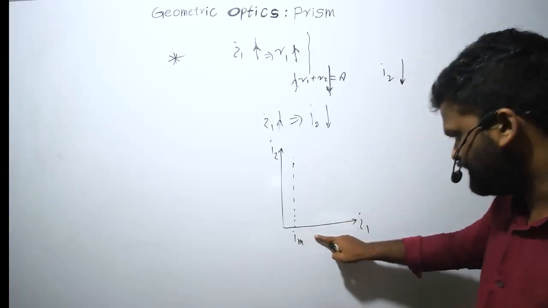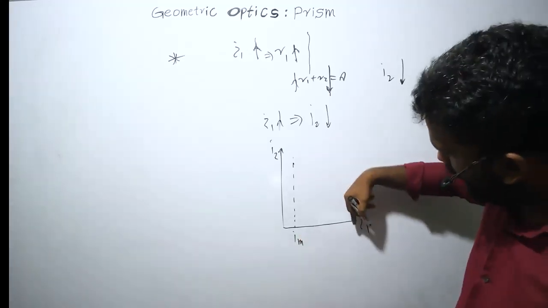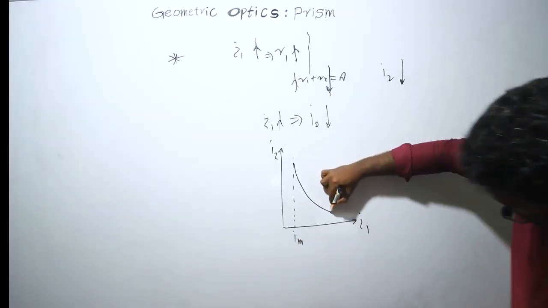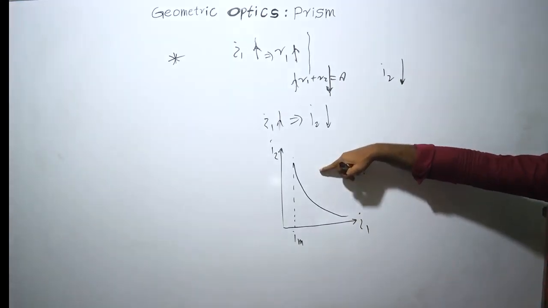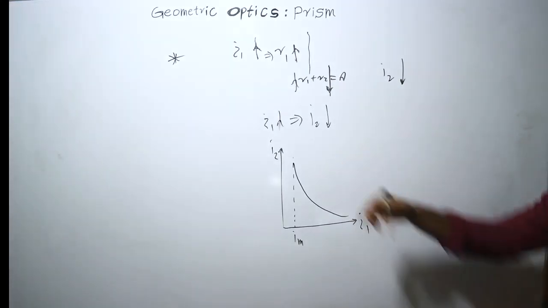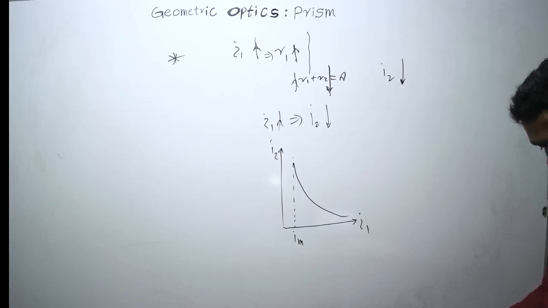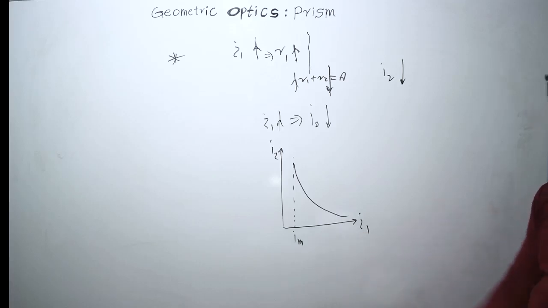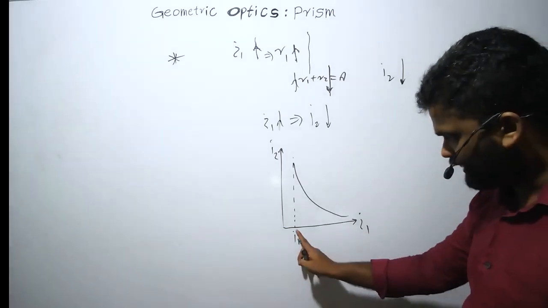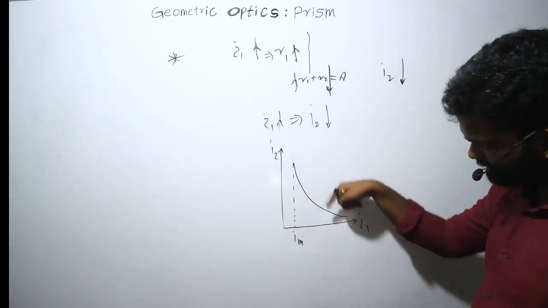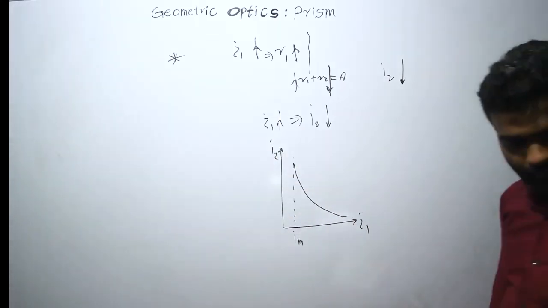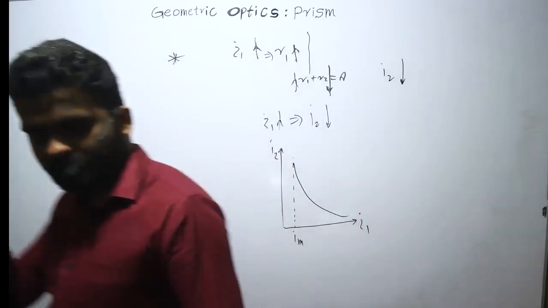Then when you increase from the minimum angle, I2 decreases, like this. Draw this graph. So I1 increases, I2 has decreased, right? Like this. Done, right? If you're done, thumbs up.